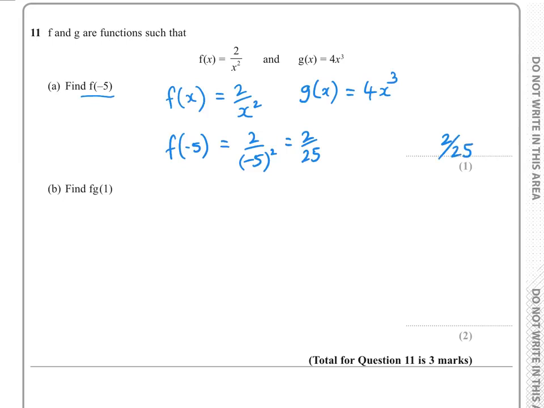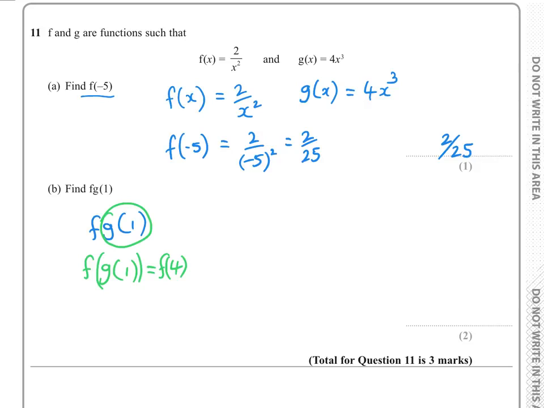Find f of g of 1. Well, we start from the inside here. So in this case we start with g taking on 1, and g of 1 would be 4 times 1 cubed, which is just 4. And then we'd have f of this, which would be the same as f of 4 as the input.